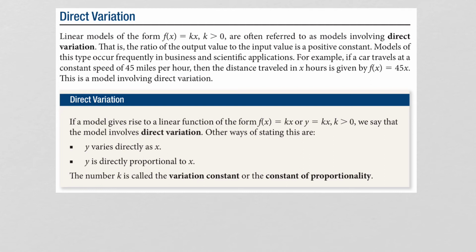So here's an example. If a car travels at a constant speed of 45 miles per hour, the distance traveled by the car in x hours is simply given by f of x equals 45 times x. So you take the rate, which is 45, multiply it by the time, which is x, and that gives you distance.